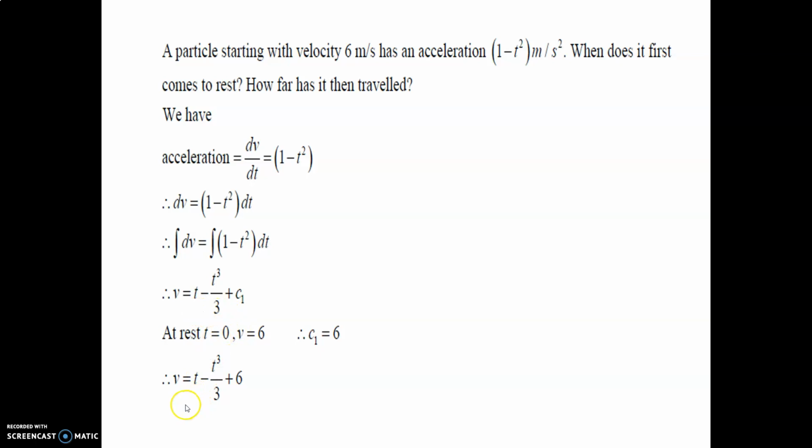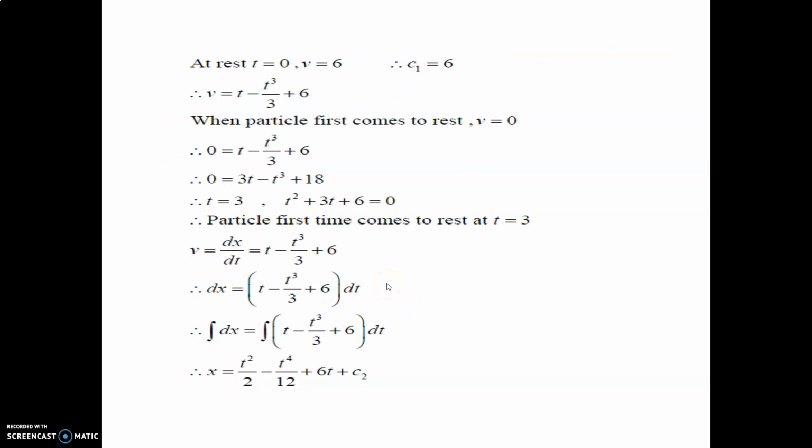We have v = t − t³/3 + 6. For how far it has then traveled, we use v = t − t³/3 + 6. Now t = 0, v = 6, c1 = 6. So for the particle to first come to rest, v = 0.